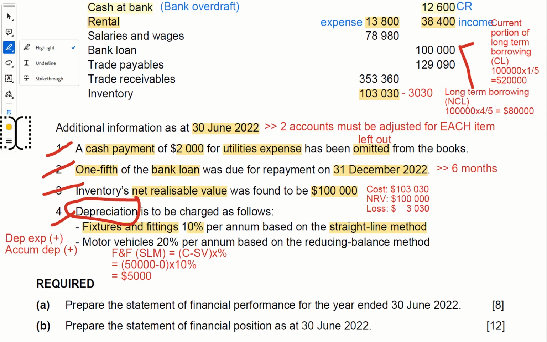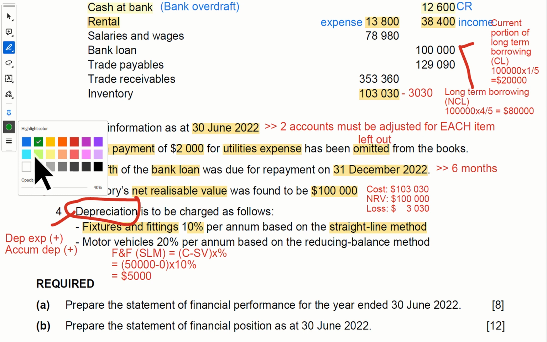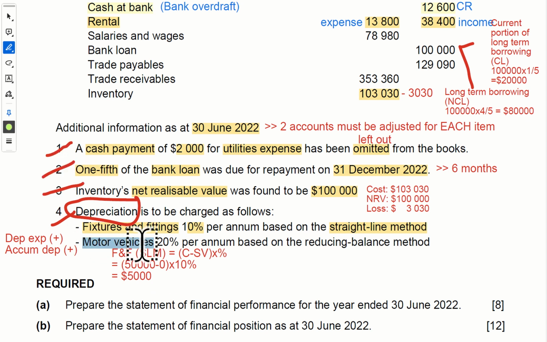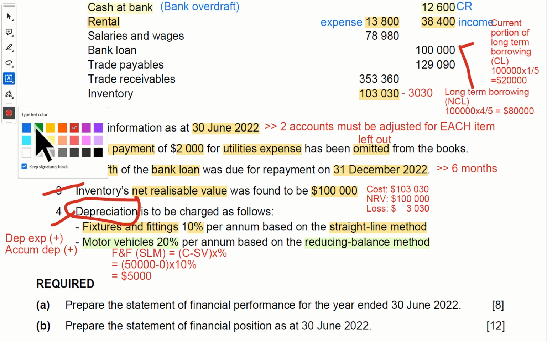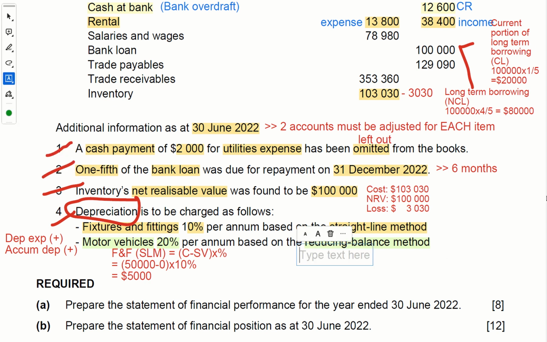Next, I'm going to look at my motor vehicles. Motor vehicles is 20% per annum and it's based on the reducing balance method. So I'm going to record that now, motor vehicles. Motor vehicles is the reducing balance method.